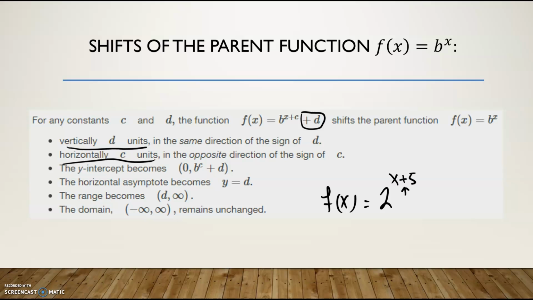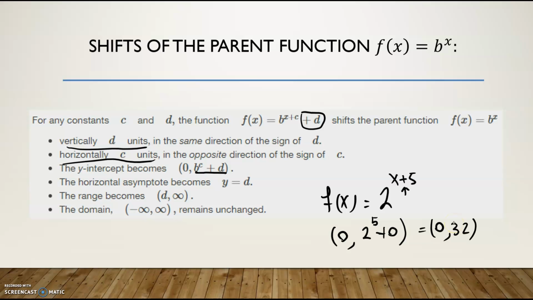It also has a y-intercept, which would be (0, b raised to c plus d). So for this one, we would have 0, comma, b, which would be 2, raised to c, plus, in this case, we have 0. So there'd be (0, 2 raised to 5), or 2 times itself 5 times, which would be 32.